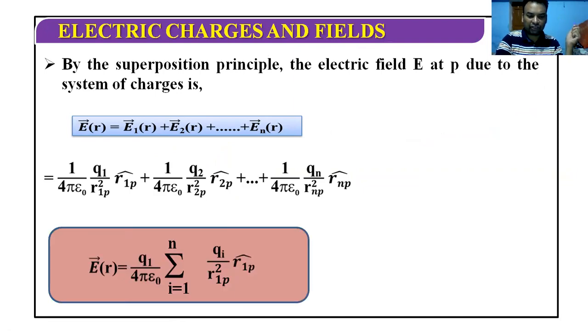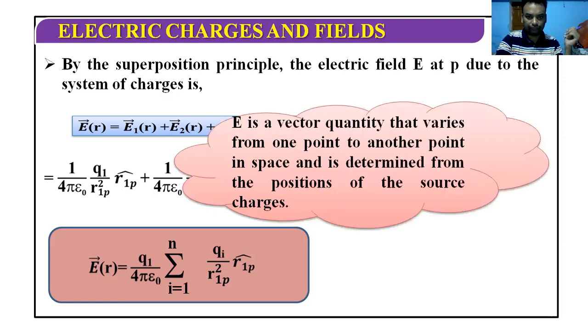This equation can be written in this form: E is equal to the sum over the charges, because 1 upon 4 pi epsilon naught is present in all the cases, so that can be taken outside. So we can generalize the equation in this form.